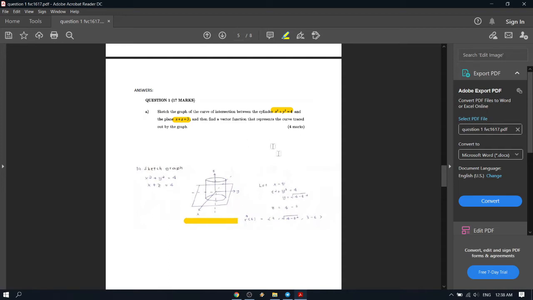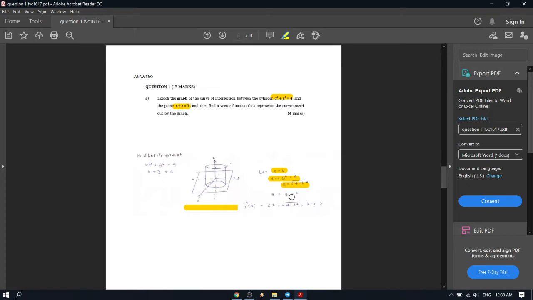Okay, to find the vector function, first we must let x is equal to t. Then our x square plus y square equal to 4 will be t square plus y square is equal to 4. And then we let y at the left. Then we get y is equal to square root of 4 minus t square.